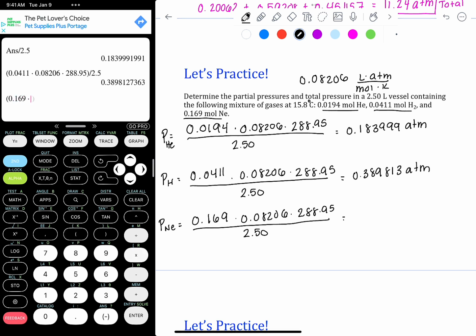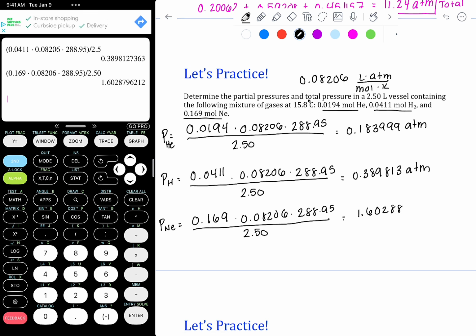Okay. 0.169 times R times the temperature divided by the volume. So we get 1.60288. Okay, so let's see, we would have 3 sig figs for these, so 0.184 for our individual partial pressure, 0.390, and 1.60.